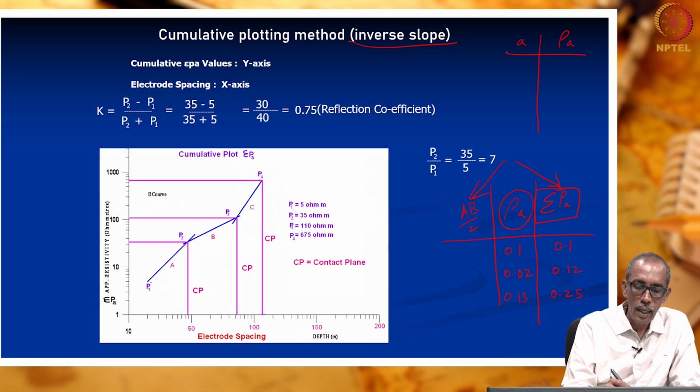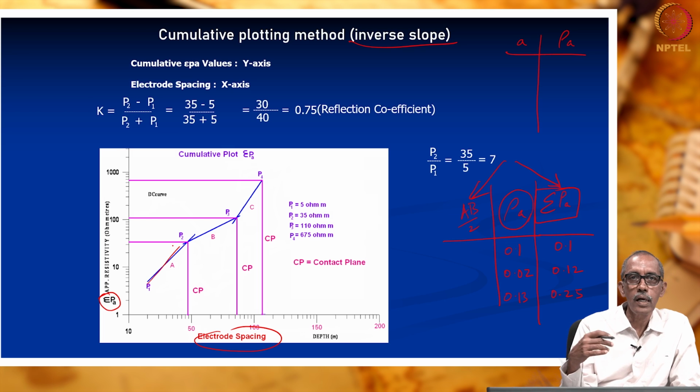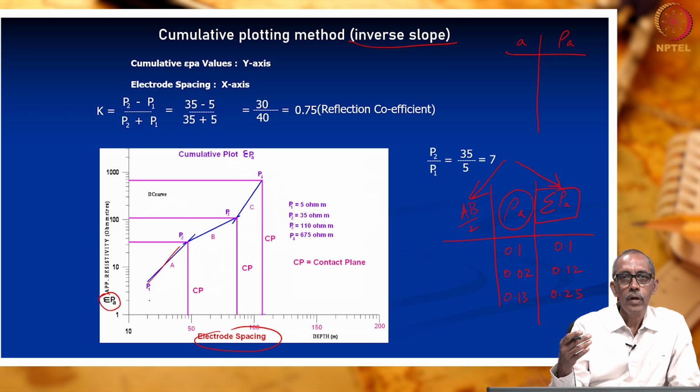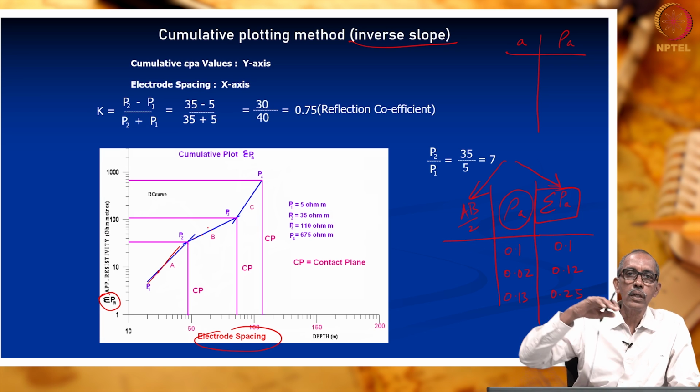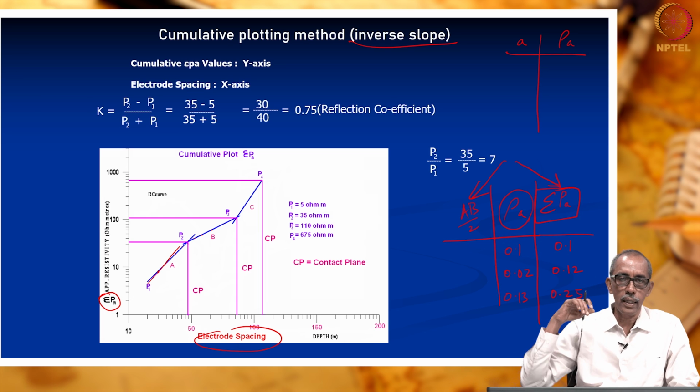We end up having a plot of cumulative apparent resistivity versus electrode spacing. So, the values will obviously increase because it is a cumulative value. The second value or third value will always be higher than the previous value, isn't it? So, you will end up with points plotted whose values continuously increase.